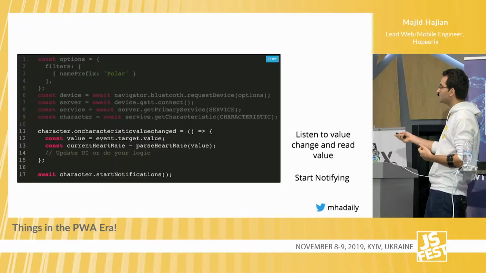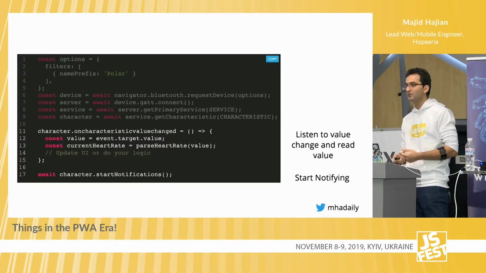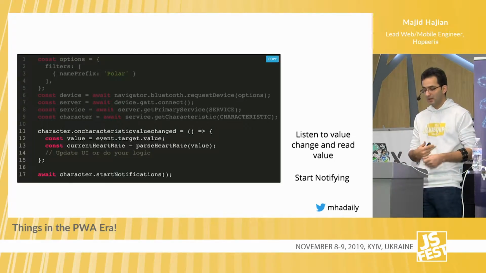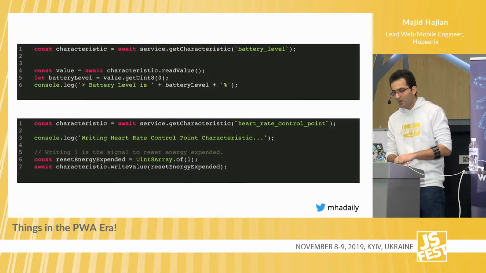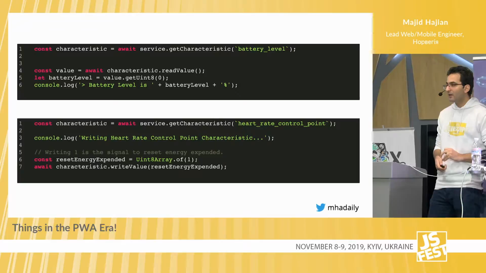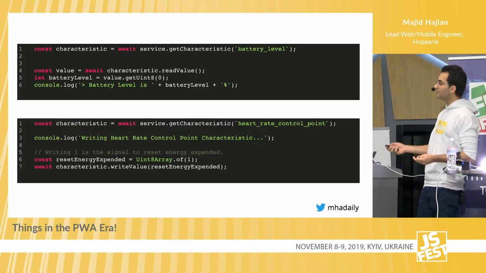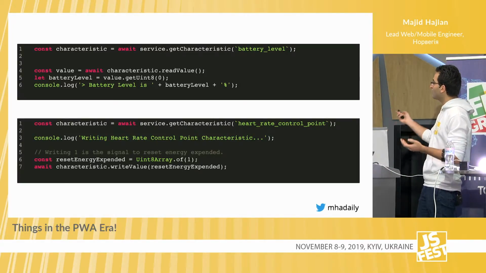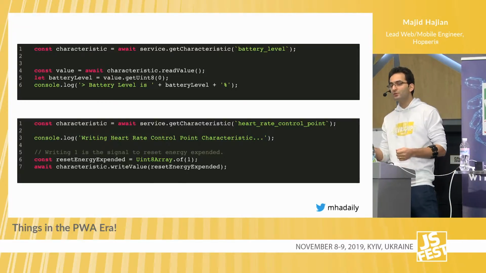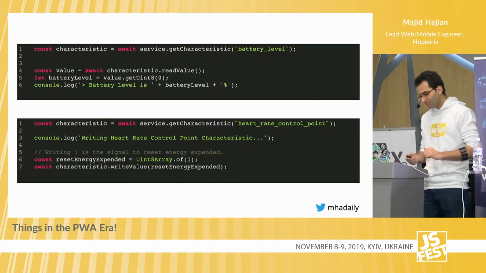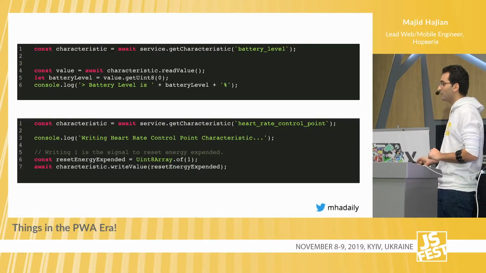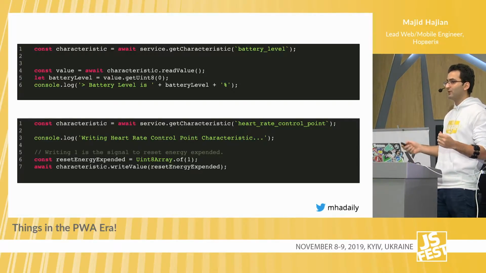In this case, for instance, I'm parsing the heart rate value, which is coming from the device, and that's why you see different numbers. Of course, you can get different characteristics, like battery level or heart rate control point. You can also write to the Bluetooth devices if they allow. So these are the sample codes showing how you can interact with these devices.